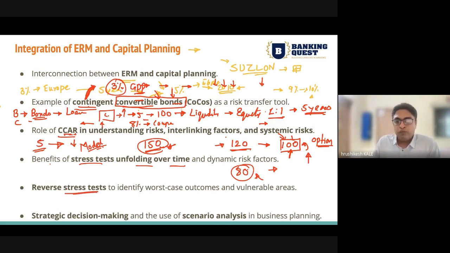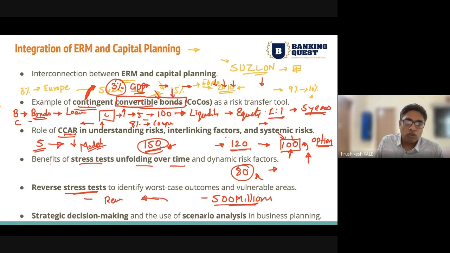So basically, I want to find out that for a loss of 100 million, what should be the loss of revenue, or what should be the volatility in my model.